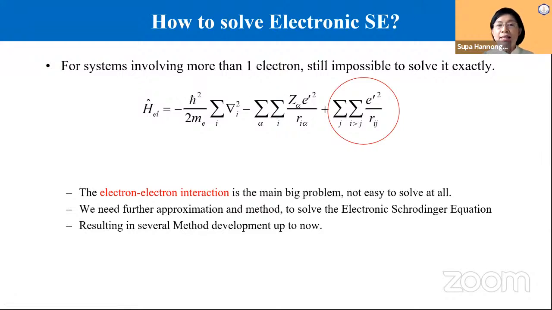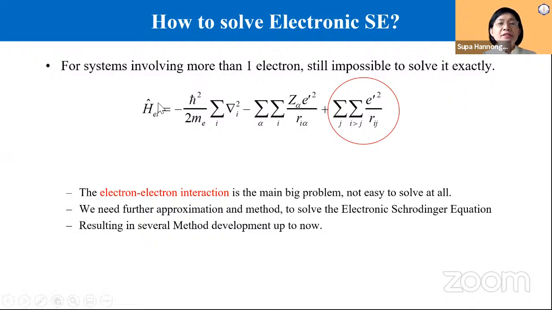Okay. Keep in mind, if you have one electron, you can exactly solve the Schrödinger equation and get results correct as compared to the experiment. But when we have two electrons or more, it's still impossible to solve exactly. And why?